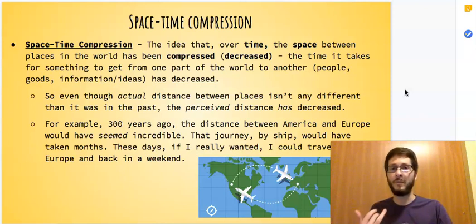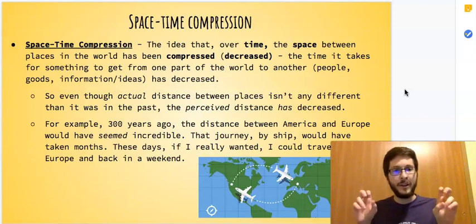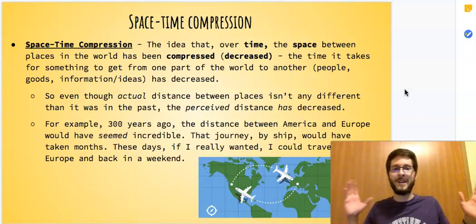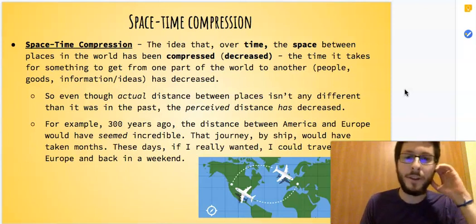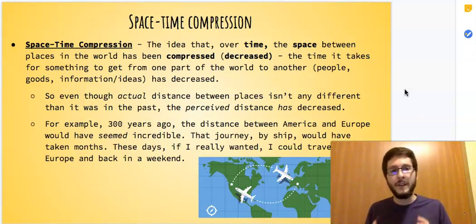Whether that's the movement of people, the movement of goods, or information and ideas that get from one place to another, the idea is that the world is figuratively smaller, okay? The world has always been the same size, the same diameter, the same radius, all that good stuff, but it feels smaller these days, right?